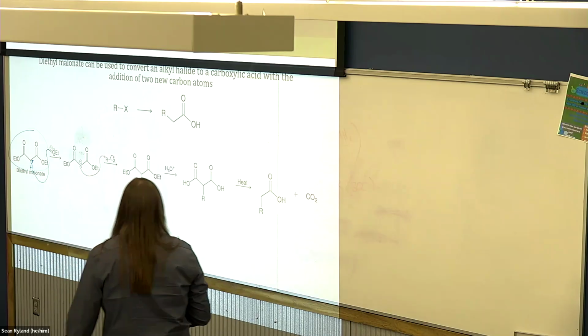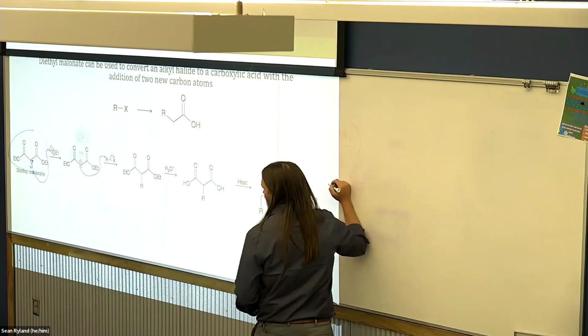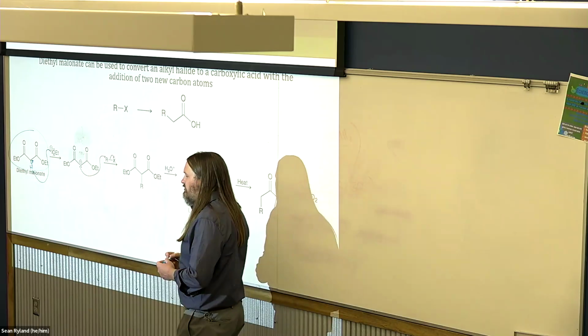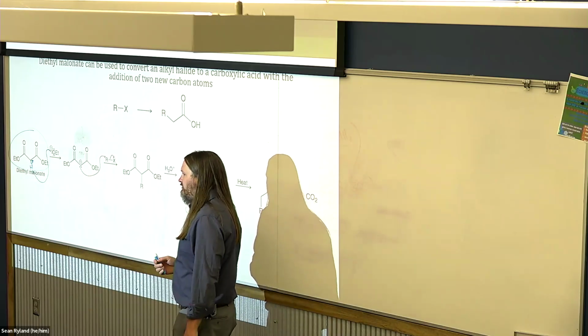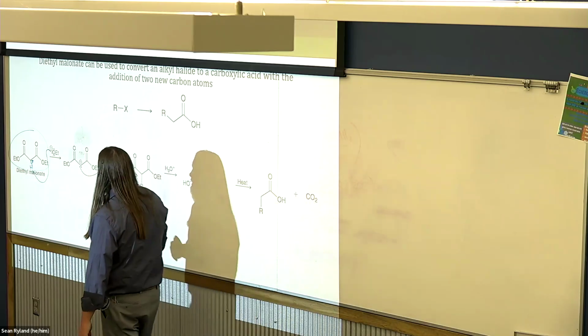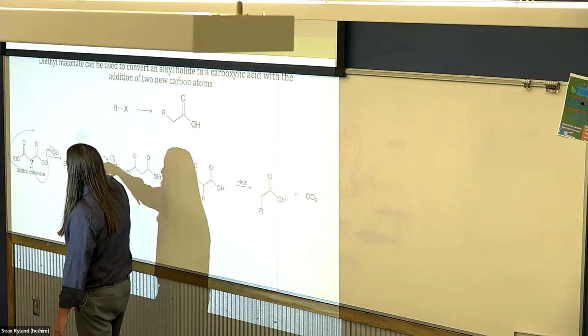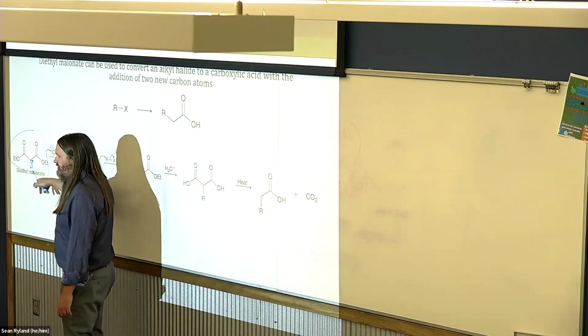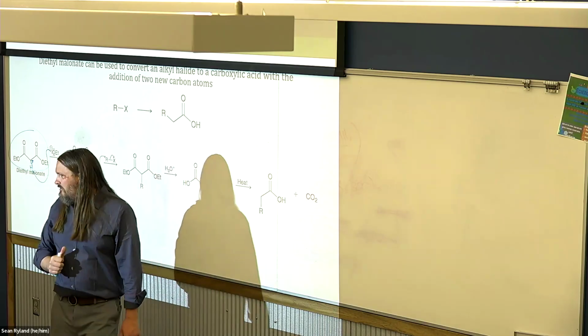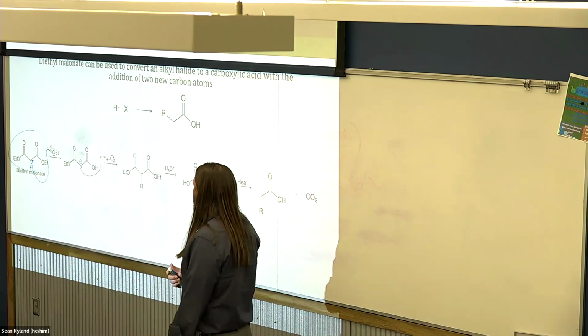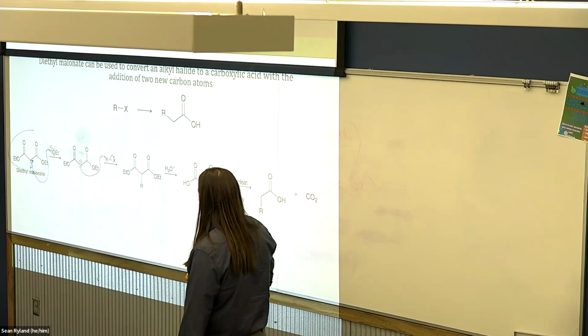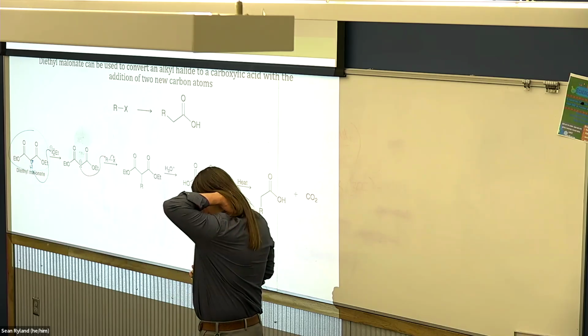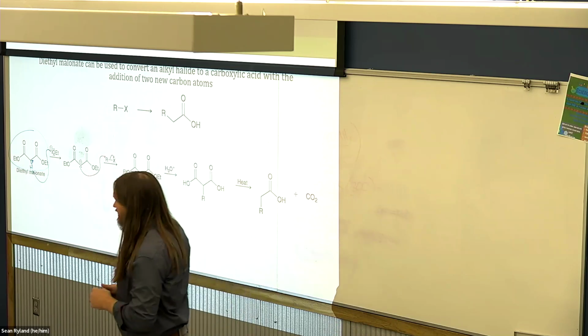Right, because the alpha carbon halogenation was, okay, if you've got an alpha carbon, turn it into an enolate, use it as a nucleophile to do an SN2. This is just a really convenient way to do it because malonic ester is really easy to work with, and it's really easy to deprotonate that alpha carbon. So this is also kind of a good review of what we did on Tuesday.